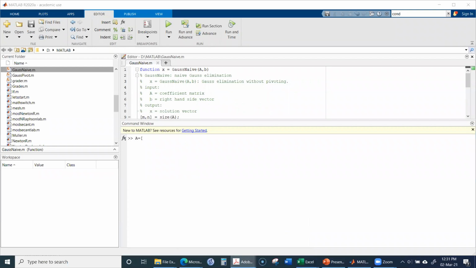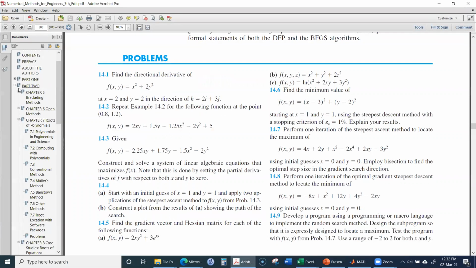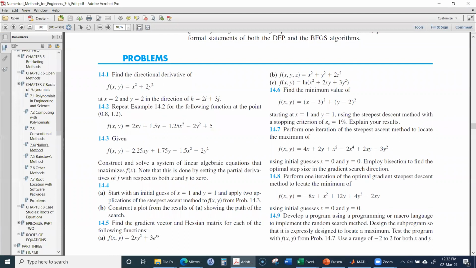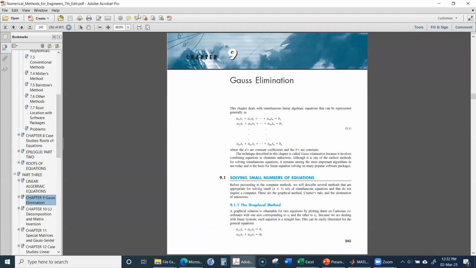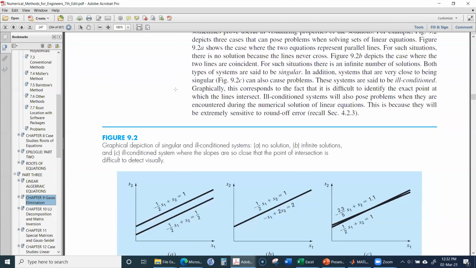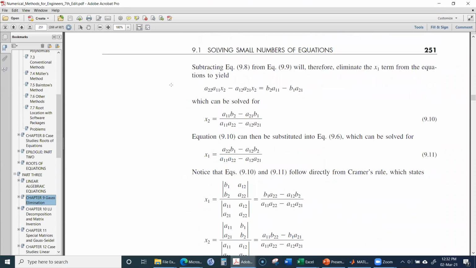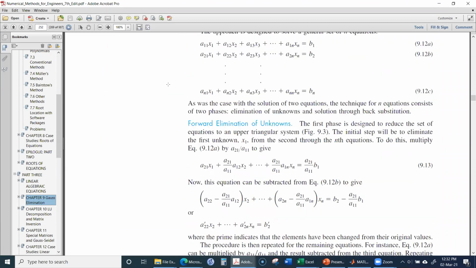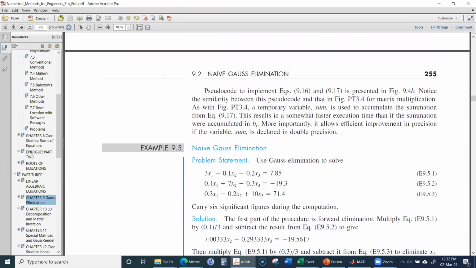I will move to the book chapter. Here, Gauss elimination, naive elimination.